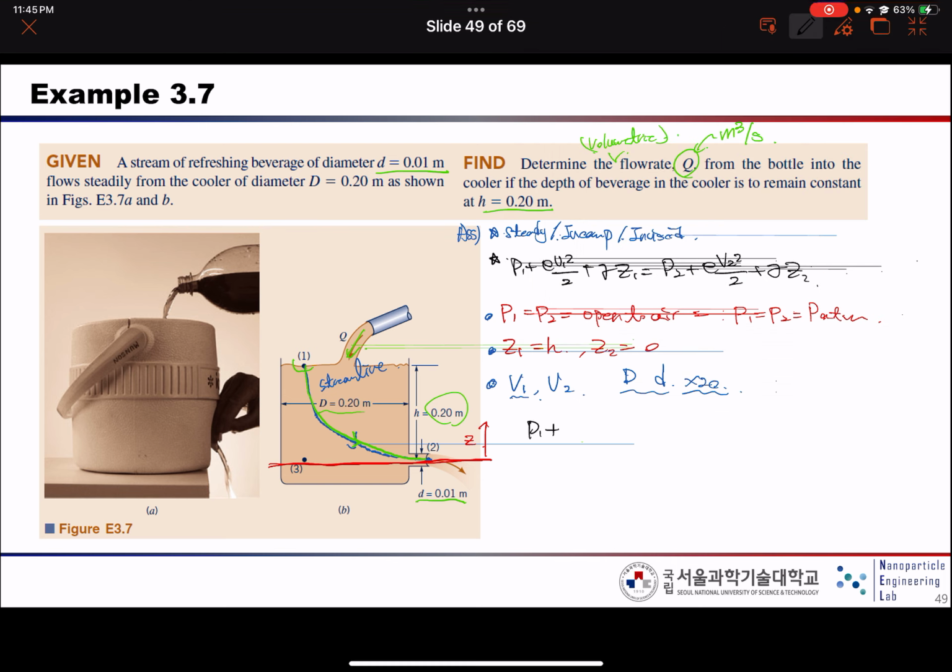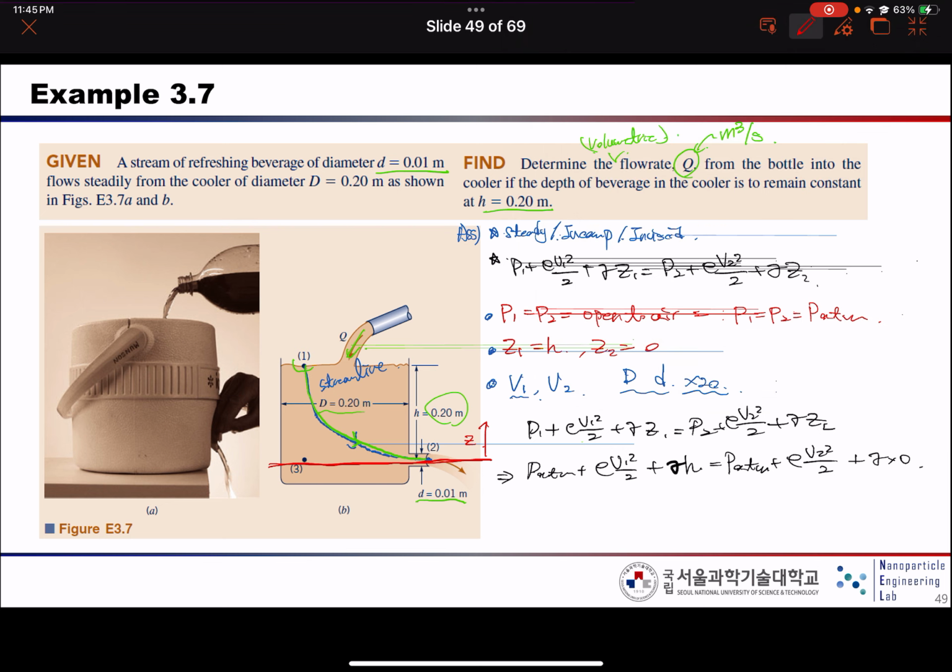P1 plus rho V1 squared divided by 2 plus gamma Z1 equal P2 plus rho V2 squared divided by 2 plus gamma Z2, we can write as P atmosphere plus rho V1 squared divided by 2 plus gamma H equal P atmosphere plus rho V2 squared divided by 2 plus gamma times 0.